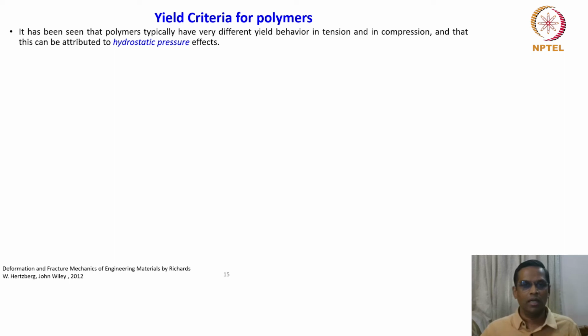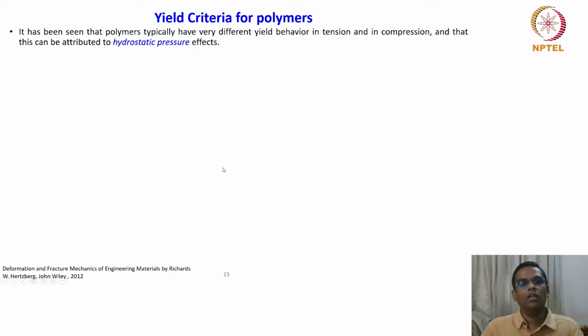Now we have to turn our attention to yield criteria for other than crystalline materials, that is semi-crystalline materials called polymers. So far, all these yield criteria represented the yielding of crystalline or ductile materials, or even brittle materials, where we looked at the maximum normal principal stress or fracture stress criterion.